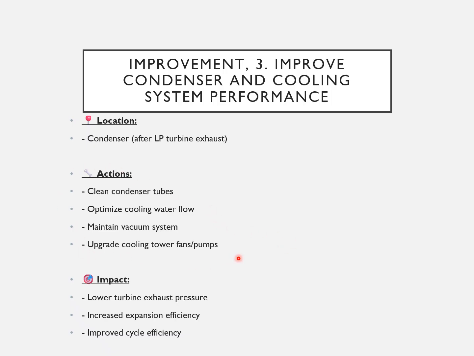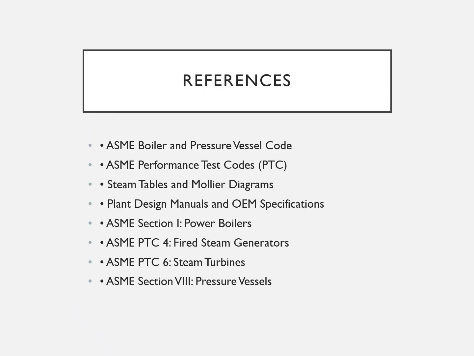Cleaning the turbine condenser is not so difficult work for a specialist, but you must be under training and monitoring by experienced people. Impact: lower turbine exhaust pressure, increased expansion efficiency, improved cycle efficiency.